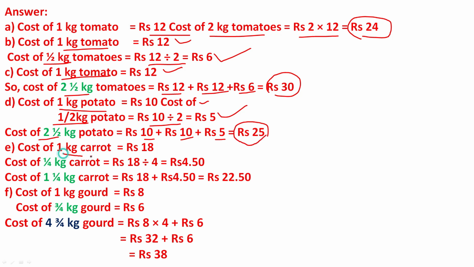1 kg of carrot is 18 rupees. Quarter kg we have to find, that means 1 by 4 kg. 18 divided by 4 is equal to 4 rupees 50 paise. 1 by 4 kg carrot: 1 kg is 18 rupees and quarter kg 4 rupees 50 paise, so 22 rupees 50 paise. 1 kilogram of curd is 8 rupees. 3 by 4 kg of curd is 6 rupees, so 3 by 4 kg is equal to 8 multiplied by 4 kilogram, then plus 6 rupees for 3 by 4 kg.